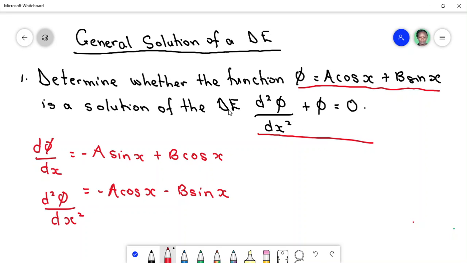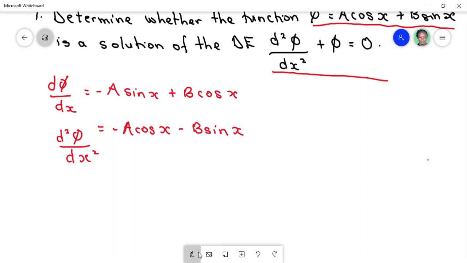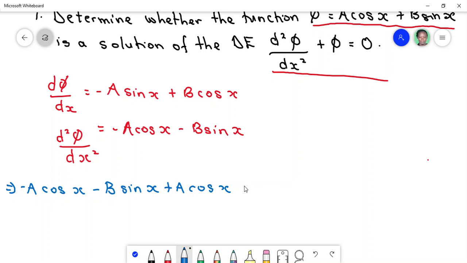It says this plus the function is equal to 0. So let's check if we are getting 0. This implies that I have minus a cos x minus b sine x, plus the function. The function is a cos x plus b sine x.